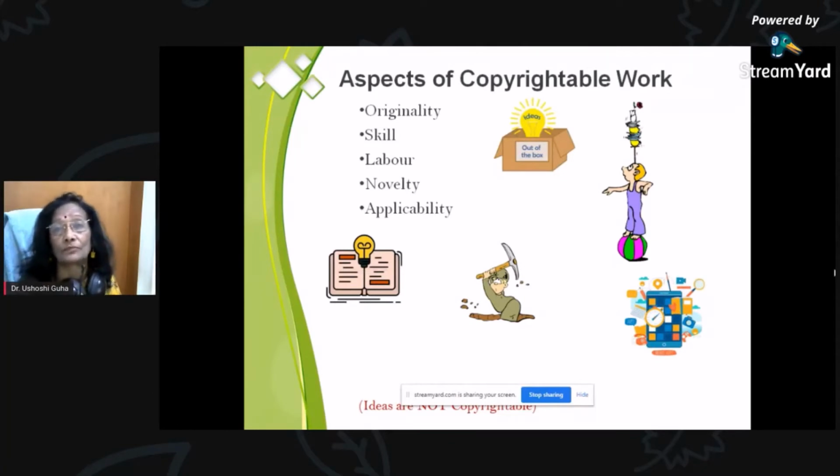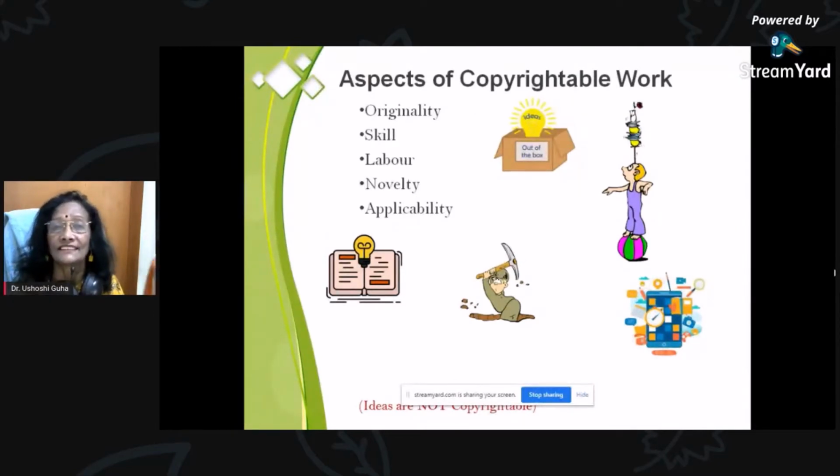Ideas cannot be copyrighted. That is why, look at the first small figure. An idea is there, an out-of-the-box idea may be there, but applicability is not there, and you have not put it on a medium. That means you have not written it out, or it is not on any CD, or it has not been displayed.